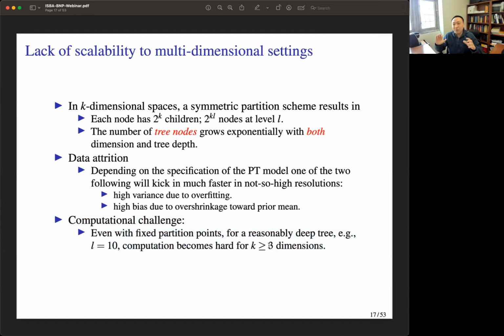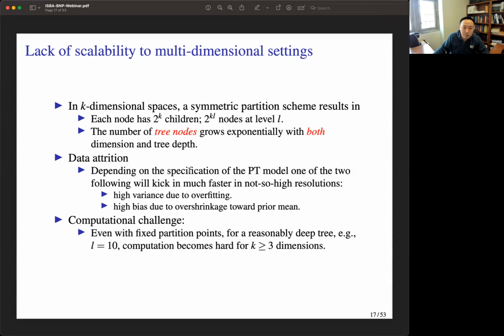But more than that, even if you have an infinite computer that allows you to do all these, suppose computation is not an issue, then there's another statistical issue, which is that the data becomes sparse very quickly as you go down the levels, right? Because you're splitting your sample space into so many different blocks, very quickly the blocks are going to contain no data.